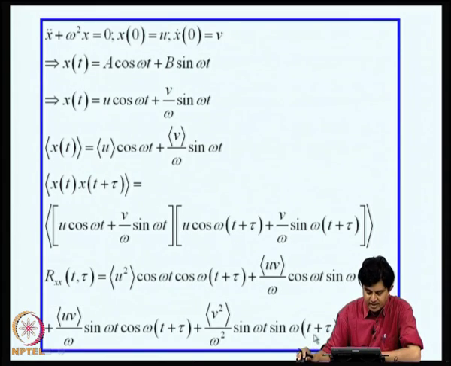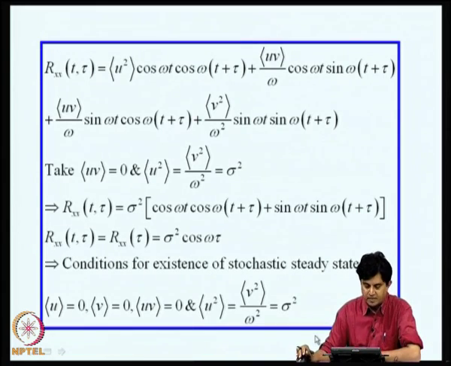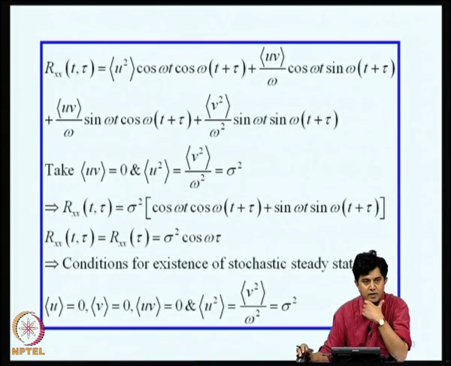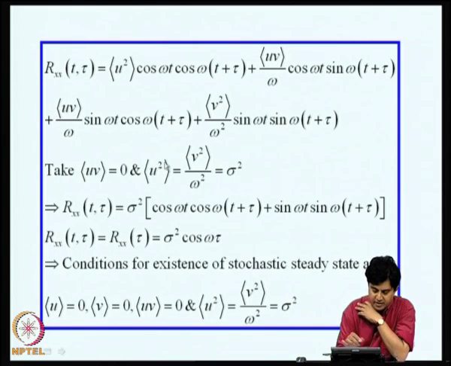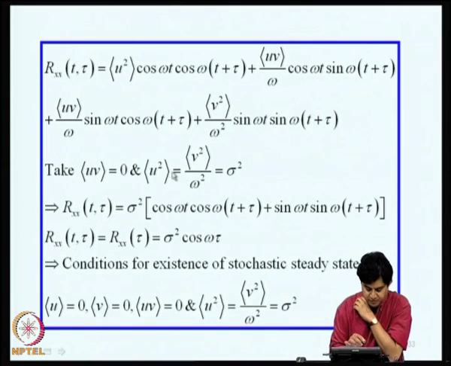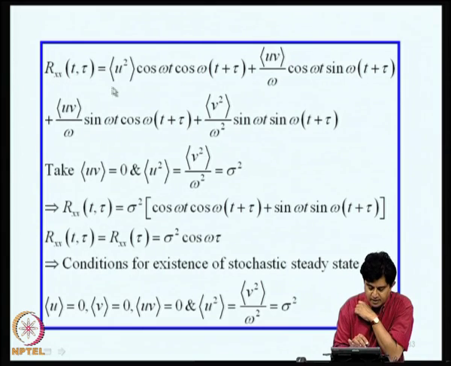But the question that we are asked is under what conditions on u and v the process can become stationary. So, now if you simplify this expression, if you look at the autocorrelation of x of t, this is the expression here, and for x of t to be stationary, this r x x of t comma tau should be a function of tau alone.